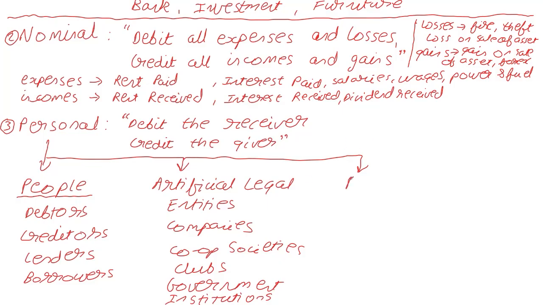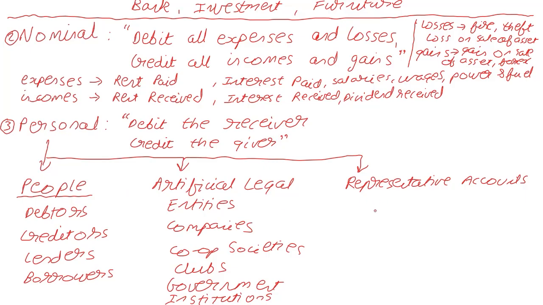Okay, and then we have what are called representative accounts. For example, if you are selling goods on credit to someone, Mr. Henry or Mr. Mohan, they have to pay you, they are your debtors. But there will be other situations where you have used some service and you are yet to pay.